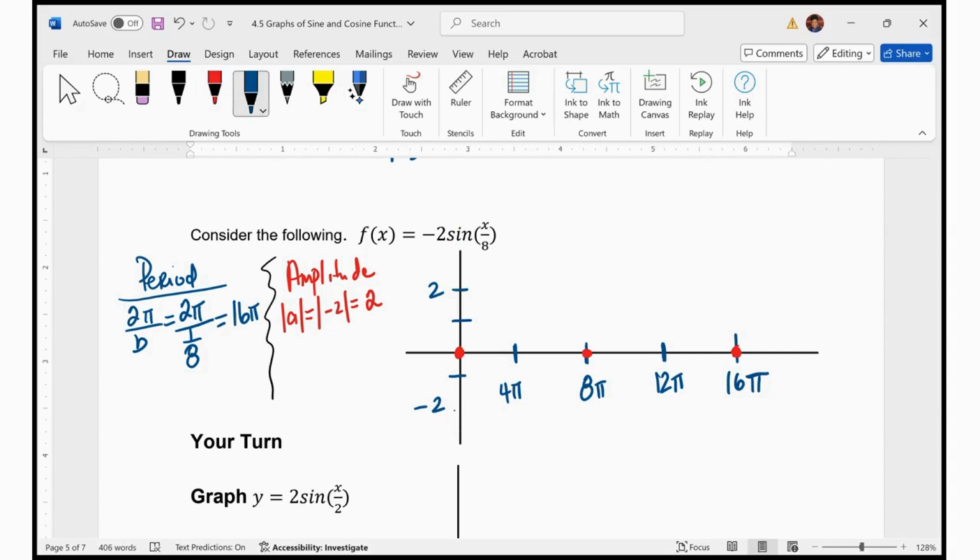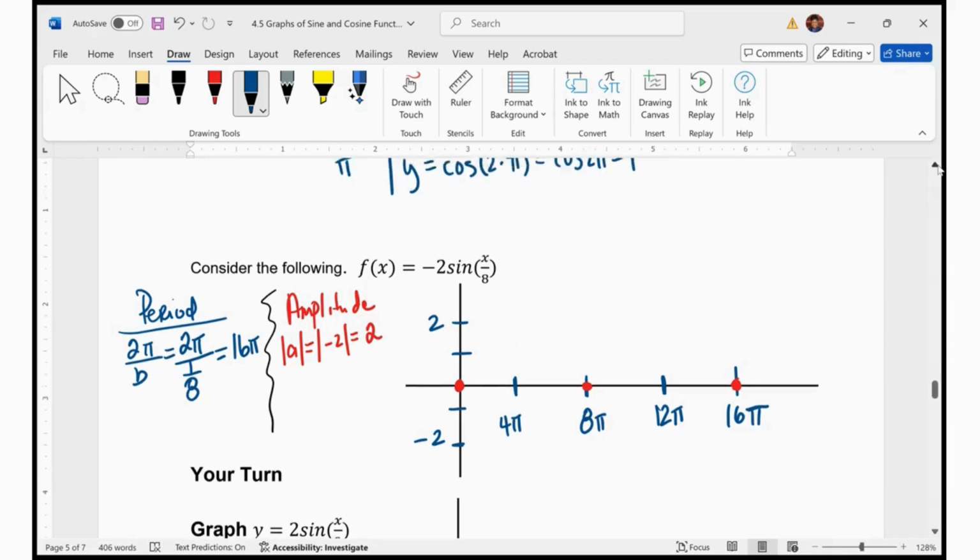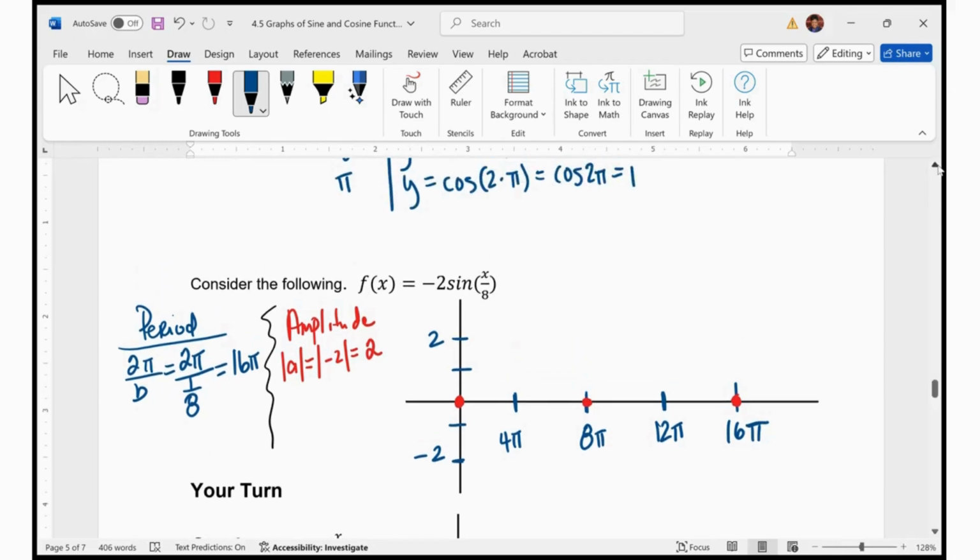So let's plug in some numbers for what we don't have. Which key points do we want to make sure we've got? Which two haven't we plotted yet? 4 pi and 12 pi.